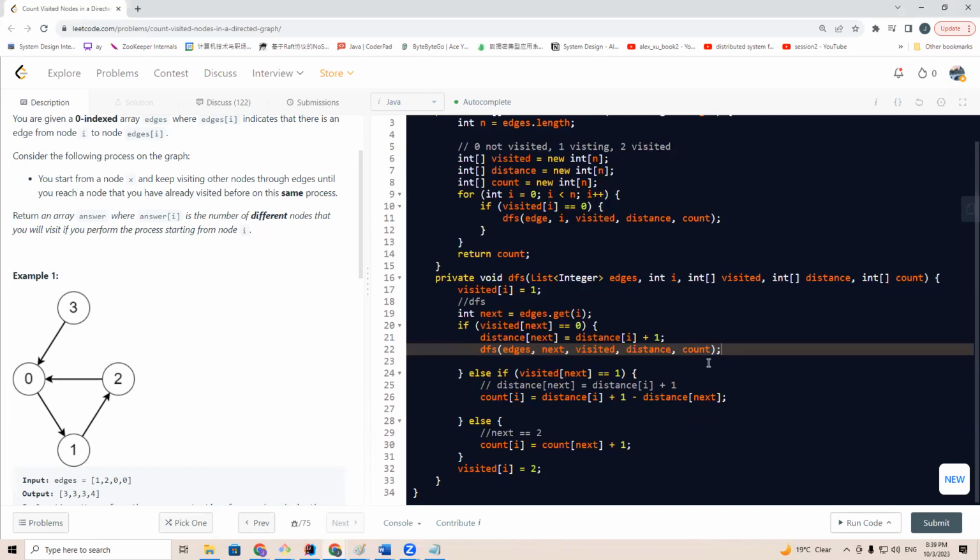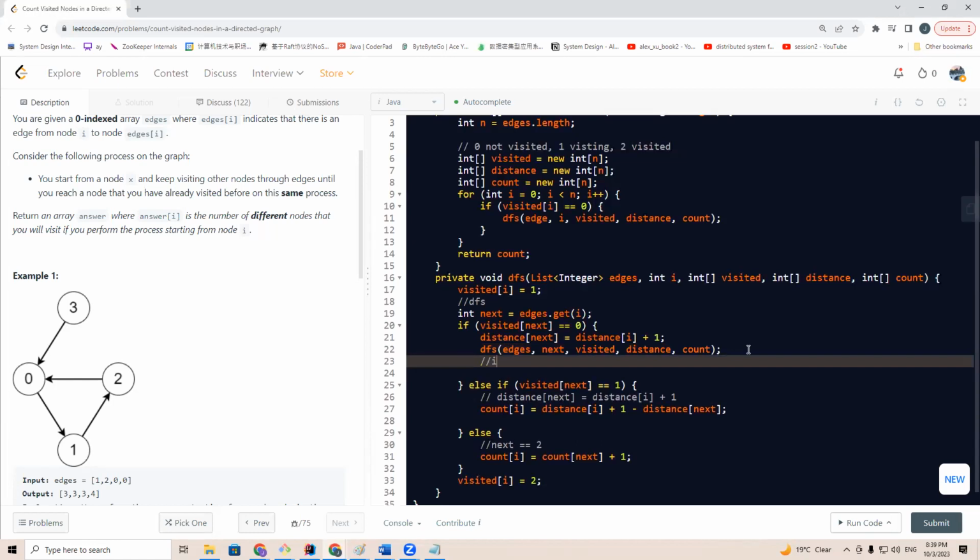how can we detect whether this current node I is still in a circle? So we'll say if in circle, right?